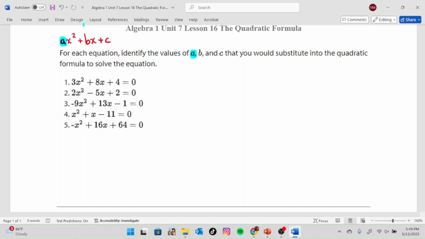So as we look through these, we're talking about the 3, the 2, the -9. We don't see one here or here, so they're talking about 1 and -1.